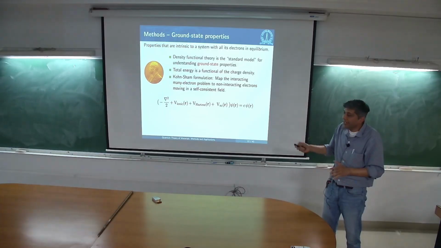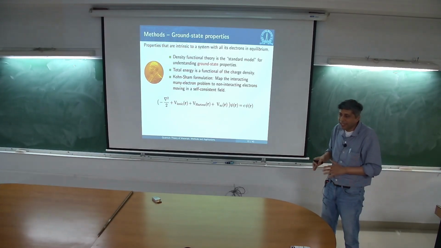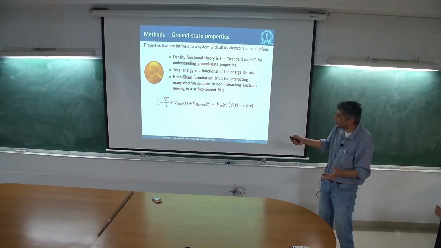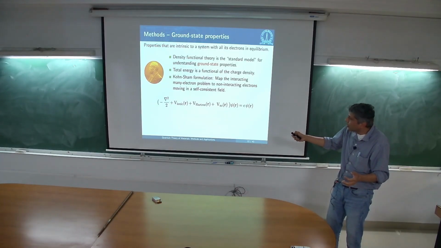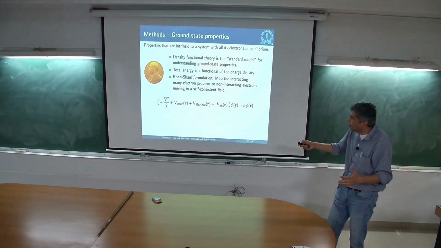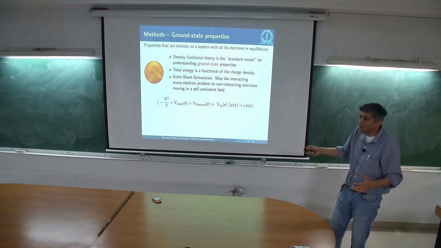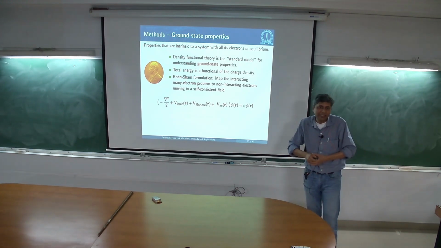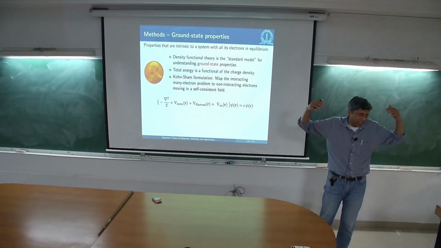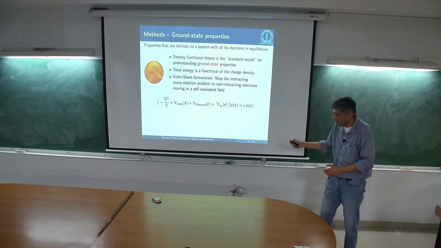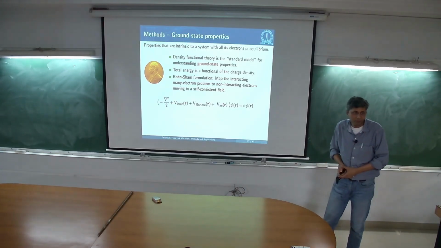Essentially, there's a formulation for this theory called the Kohn-Sham formulation, in which you map this interacting many electron problem to non-interacting electrons moving in a self-consistent field. So I had this many body problem with a very large number of degrees of freedom, and I have mapped it to solving just a one electron problem.